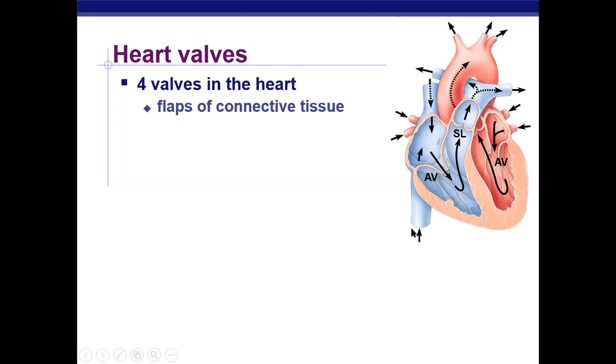The valves are in between each chamber. So in between this chamber and the next chamber, this right here I'm tracing with my cursor is the atrioventricular heart valve, the AV valve right here. And then right up here at the top of this chamber, this is another heart valve. All of them are labeled in the diagram.